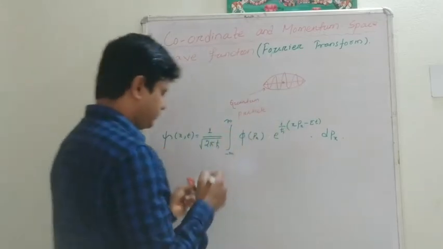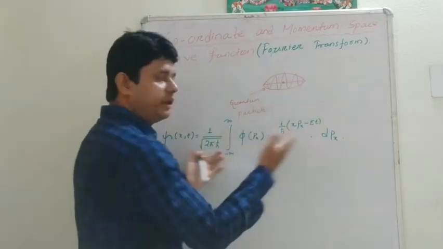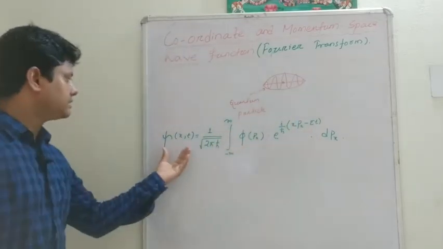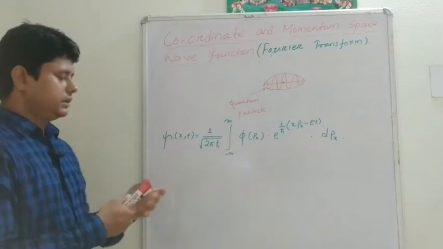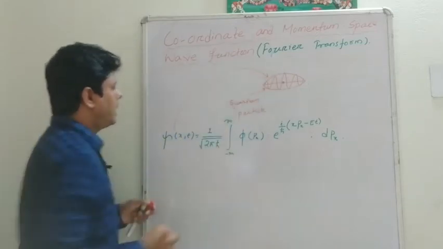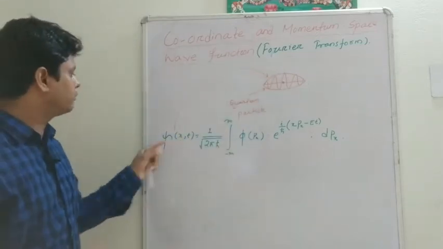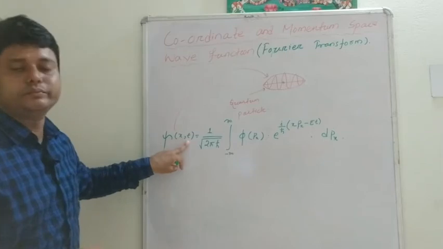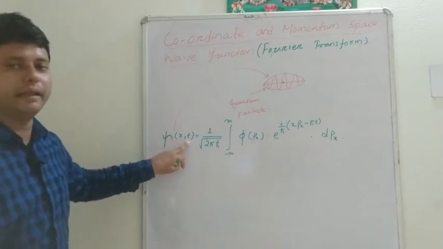Many terms are there in this one equation. The left hand side represents psi, which is a function of x and t, position and time.